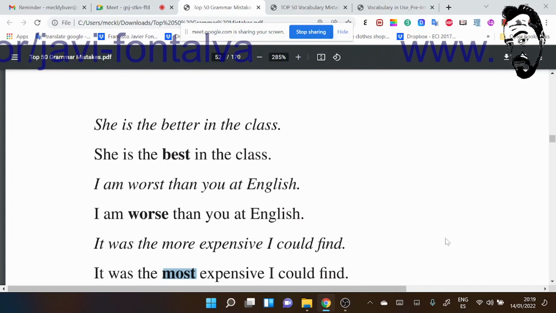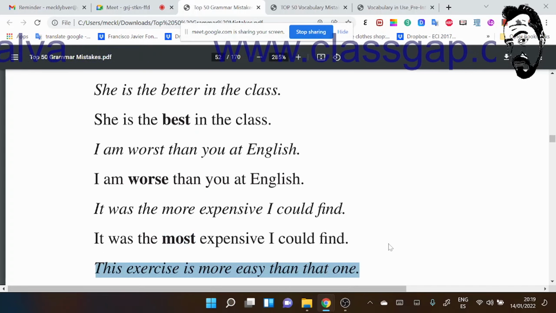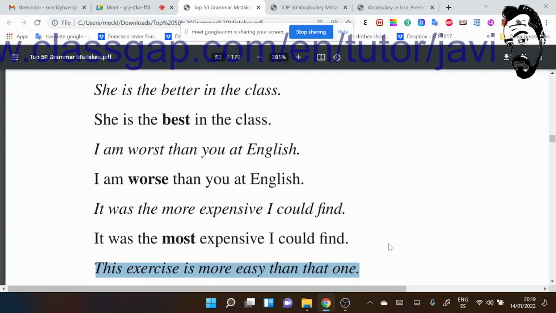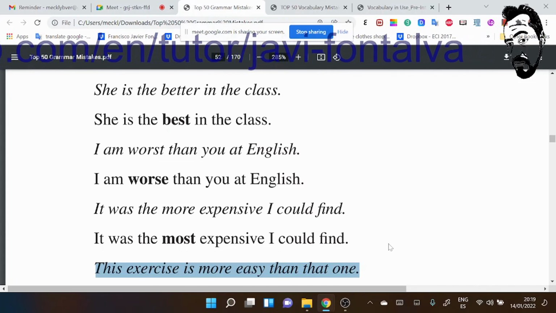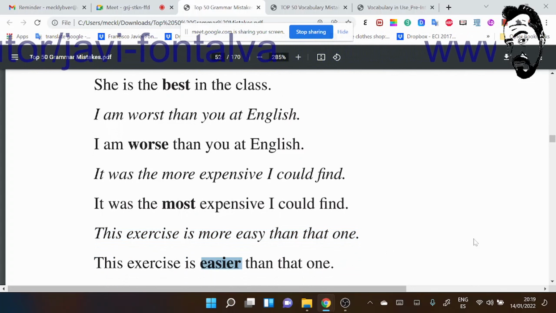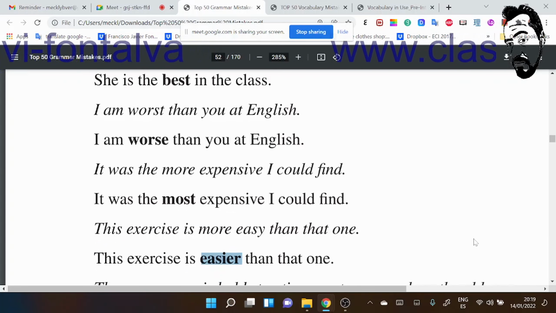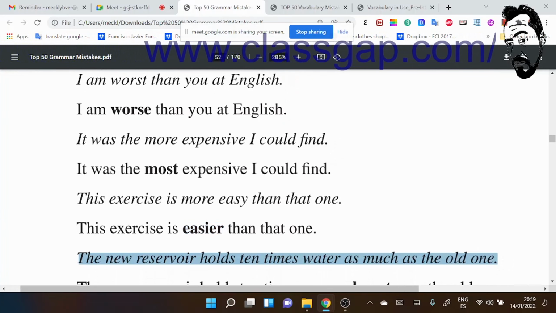It was the most expensive I could find. How about this? This exercise is most easy than that one. Easier. Why? I'll tell you later, okay? How about this?